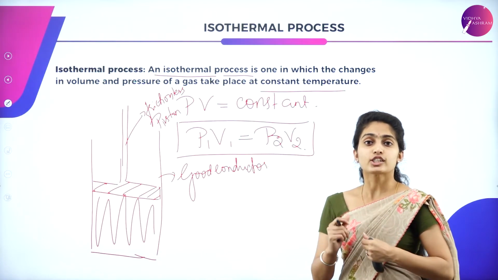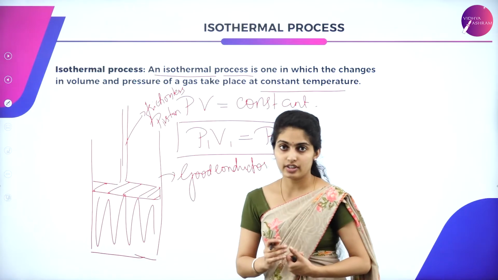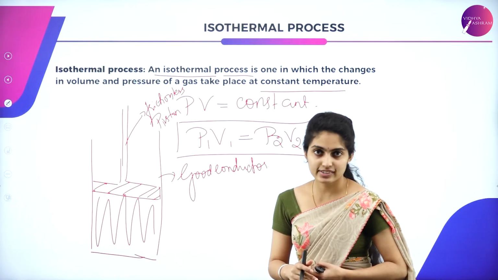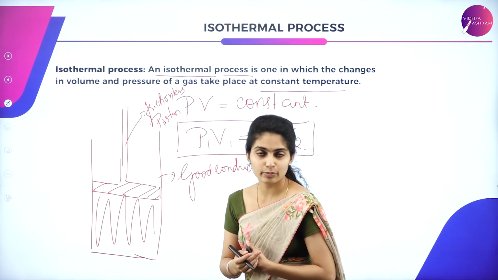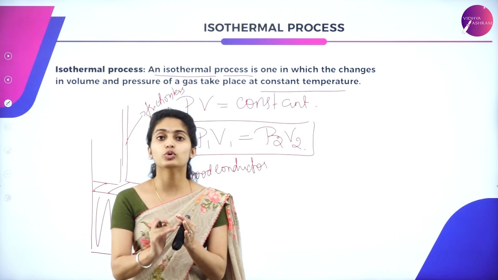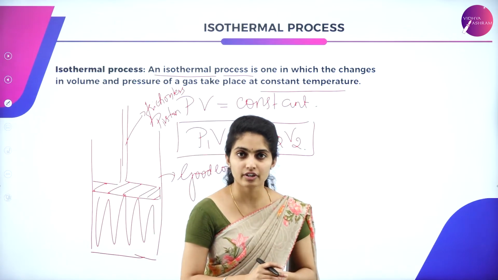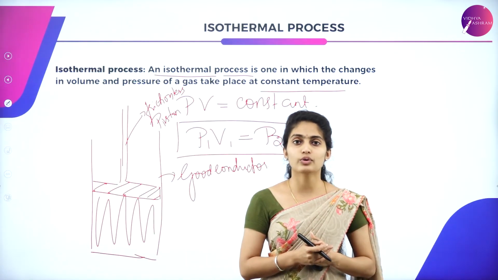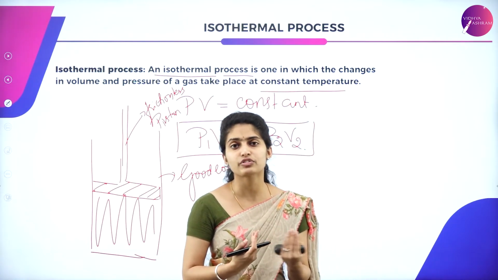That is, slowly the component which is present in a good conductor is compressed. So a slow compression is applied to this conductor by a frictionless piston. So this is how you can maintain the interior temperature of the conductor as well as the surrounding temperature. There won't be any increase in temperature over here.